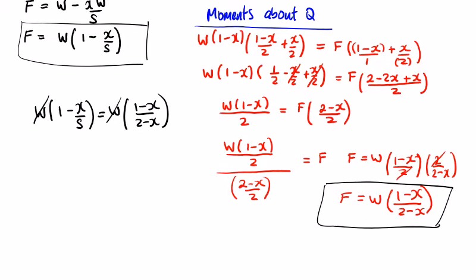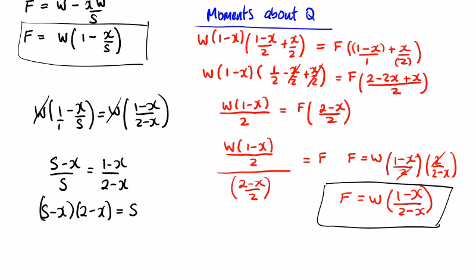The left hand side is going to become, let's write two algebraic fractions, s minus x over s, and that's going to be equal to 1 minus x over 2 minus x. So we're going to have s minus x times 2 minus x equals s minus sx.